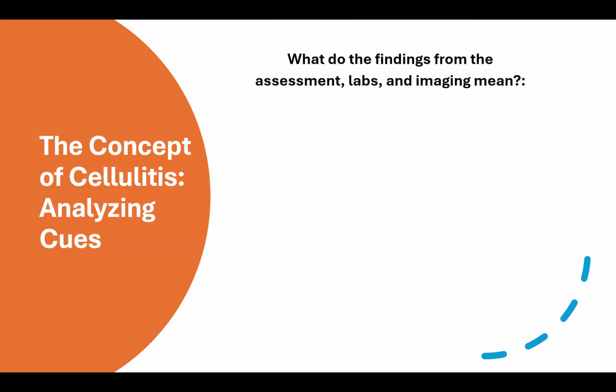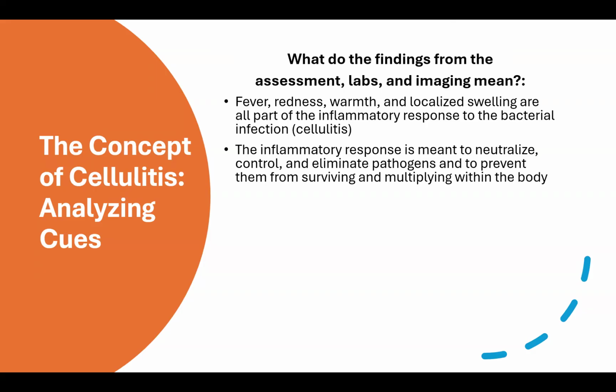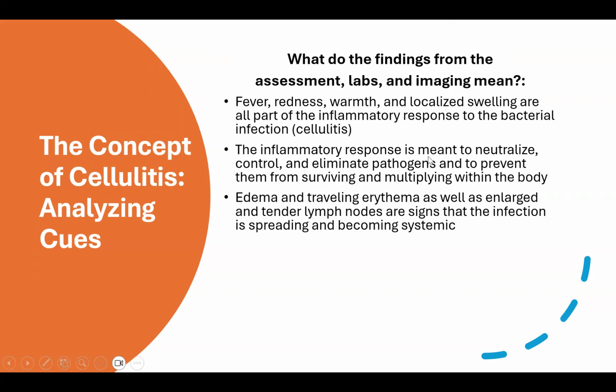What do the findings from the assessment, labs, and imaging mean? Fever, redness, warmth, and localized swelling are part of the inflammatory response to the bacterial infection of cellulitis. The inflammatory response is meant to neutralize, control, and eliminate pathogens and prevent them from surviving and multiplying within the body.